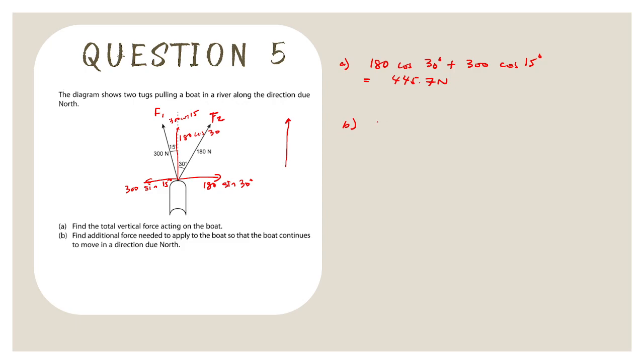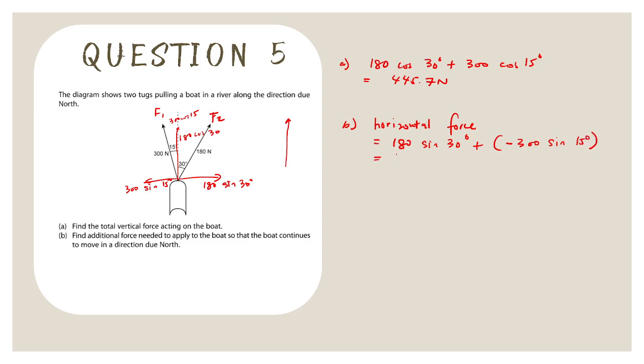So total horizontal force, okay, is 180 sine 30 degrees plus negative, negative pushing to the left, 300 sine 15 degrees.